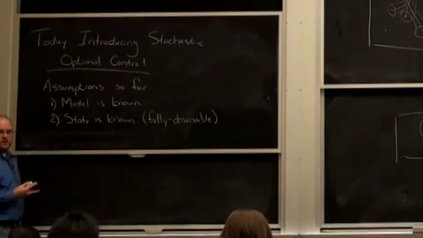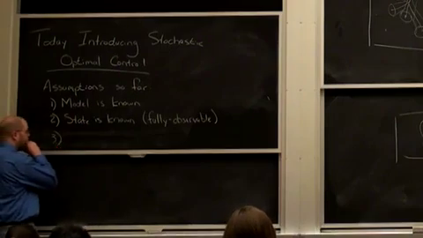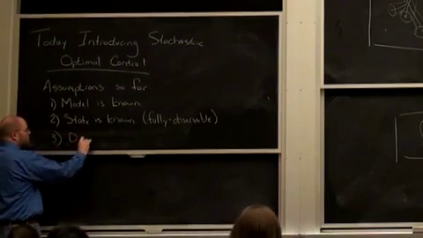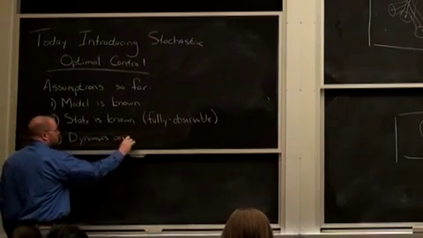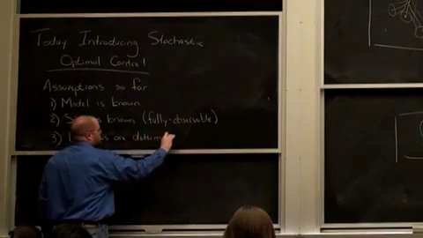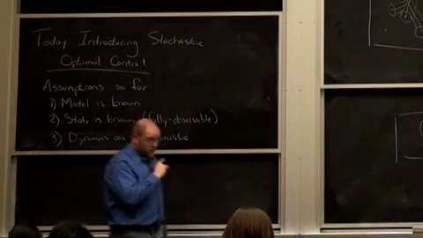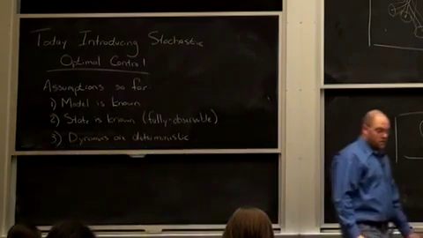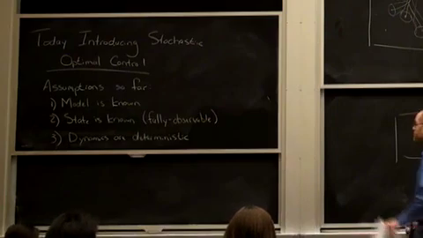And there's another assumption we've been making, which is that the dynamics are deterministic, let's say. Right? That pretty much the system goes where I think it's going to go.